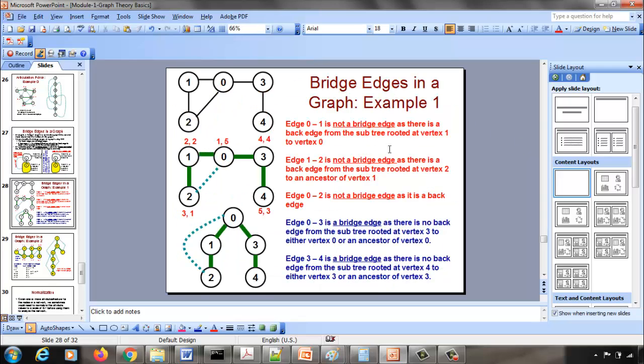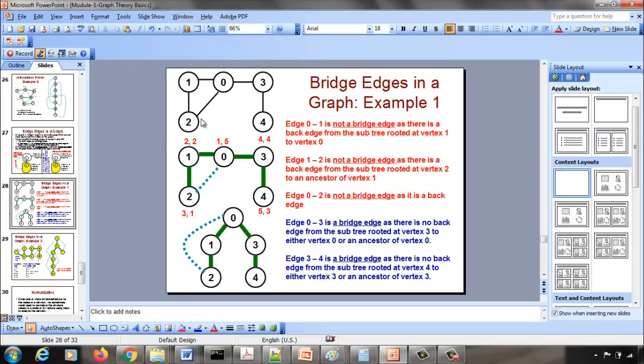So for example, in this graph here, if I remove this edge 0, 3, the graph will get disconnected with 0, 1, 2 as one component and 3 and 4 as another component. Similarly, if I remove the edge 3, 4, 4 is going to be isolated from the rest of the vertices.